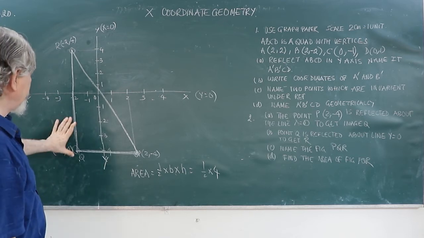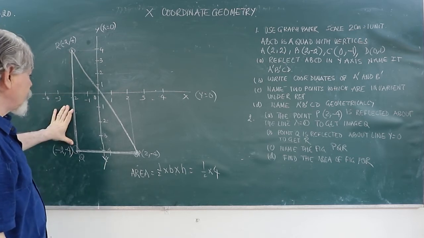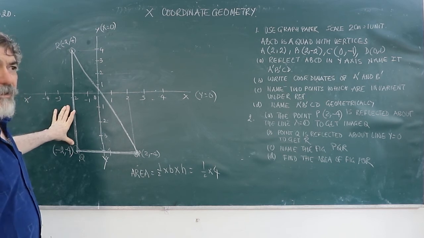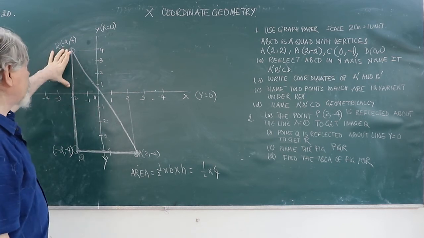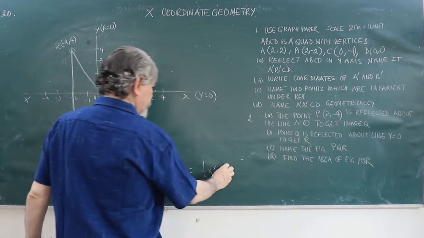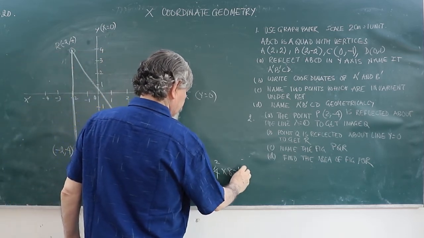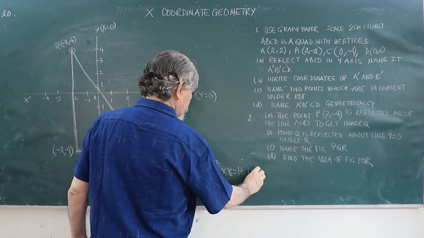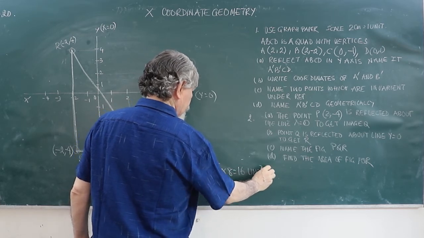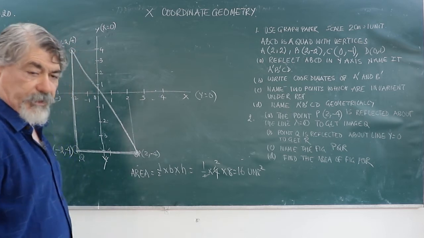And the height is 4 here, minus 4 here. Don't add them to be 0. Height can never be 0. It has to be 4 plus 4, 8. So 2 2s are 4, 2 8s are 16 square unit.